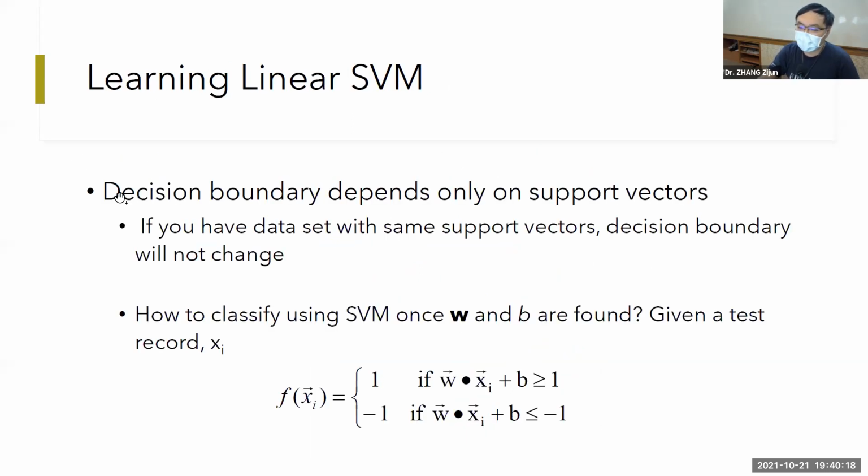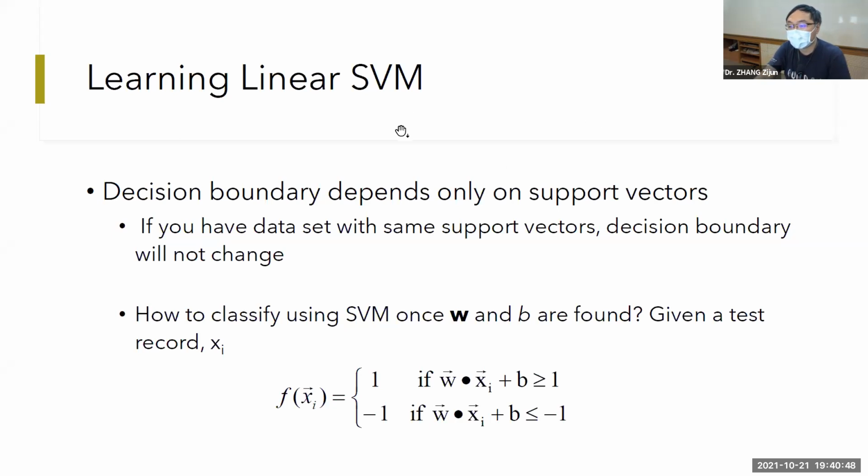So let's go back a little bit and finish one more slide in the linear separable SVM. Based on that, we know W will be equal to the summation of alpha multiplied by y multiplied by x. And B is equal to y minus WX.